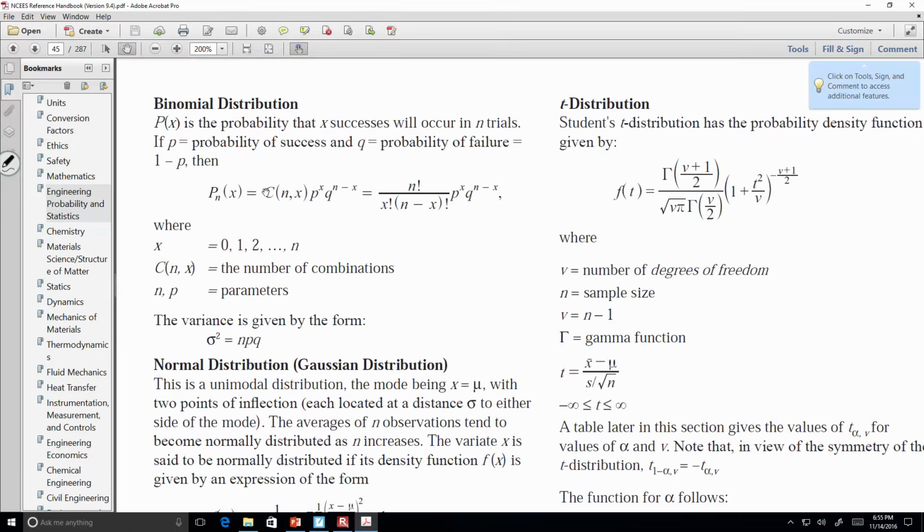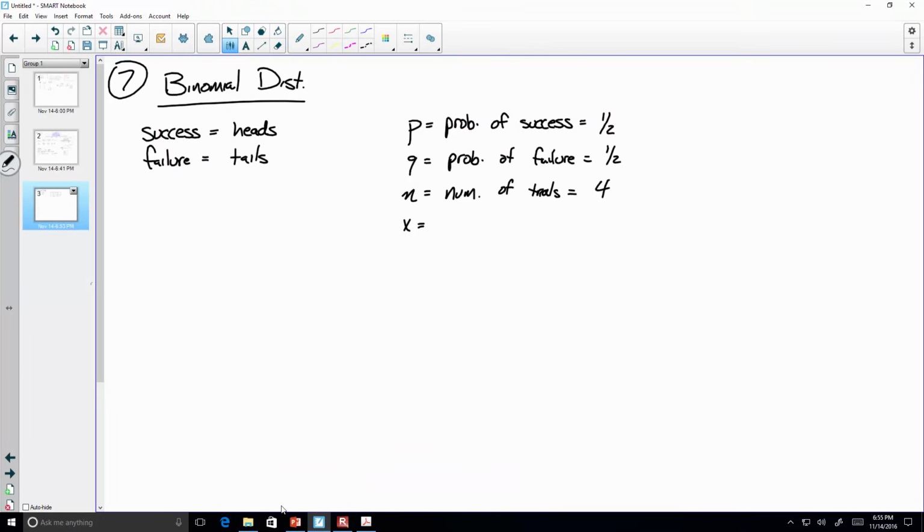Now X is what? The number of successes? I'm talking about right here. Look at this. So how many successes are we looking for in this problem? 3. There you go. Make sense? So X is the number of successes, which is 3.